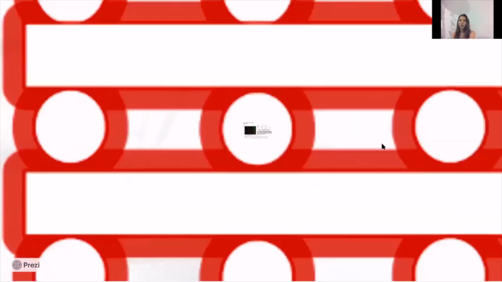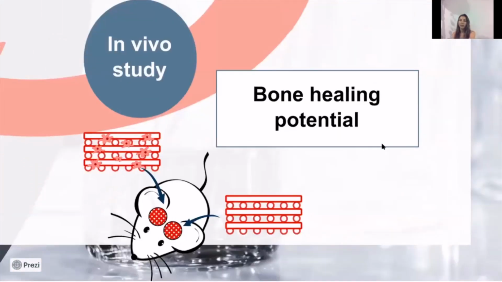So we then studied the potential of these different matrices in vivo by comparing the different times of culture and also evaluating the performance of both cellularized and decellularized groups. We also implanted a pristine scaffold and also had an empty defect as controls.